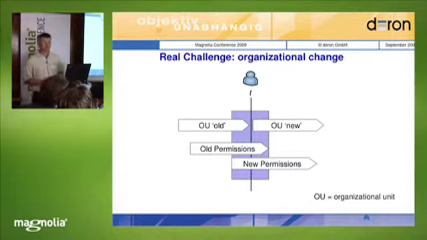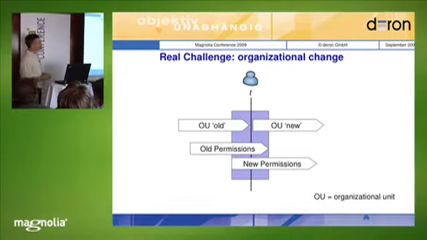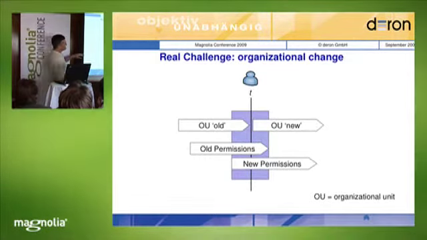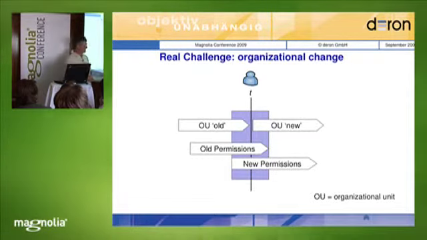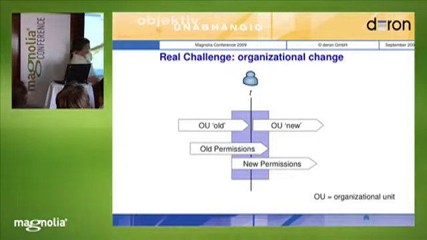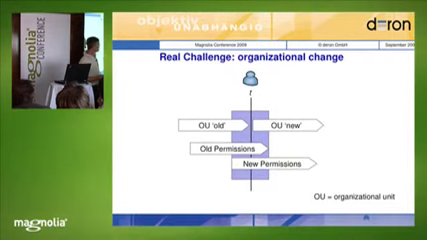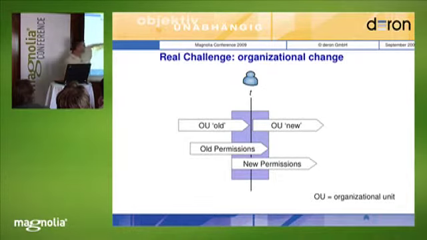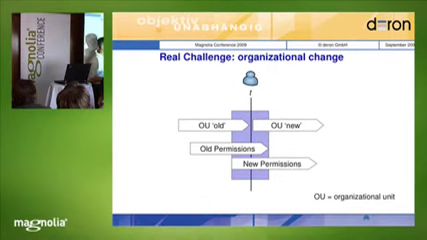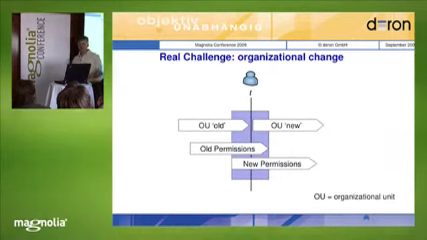And for example, if you look at organizational changes, there's a certain time where you change your organization. So you have an organizational unit, your old organizational unit and your new organizational units.